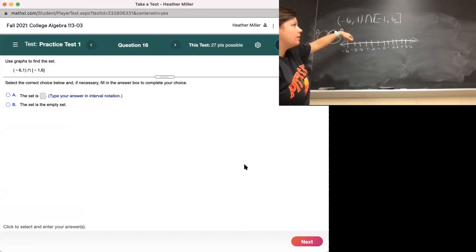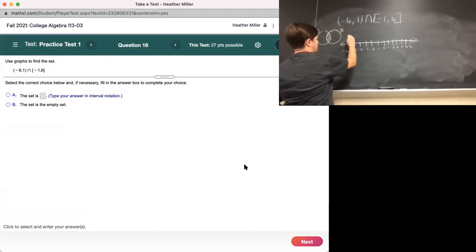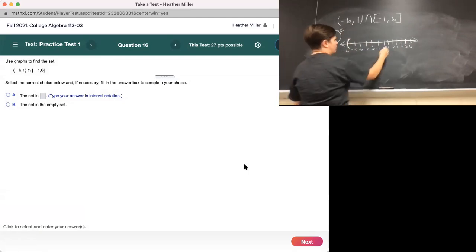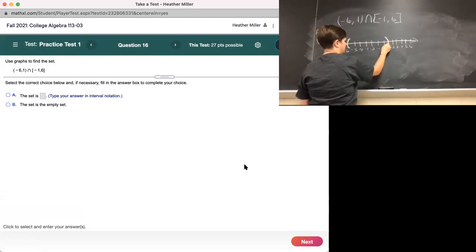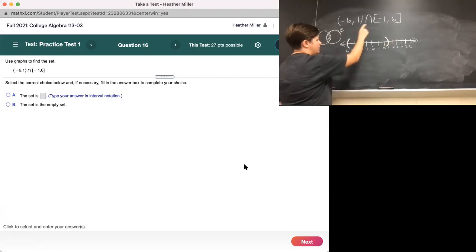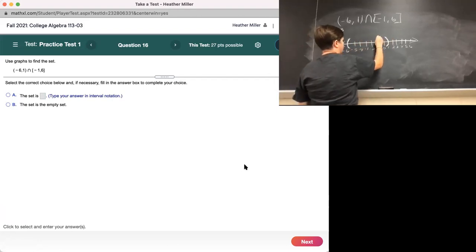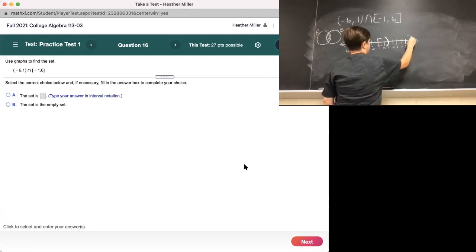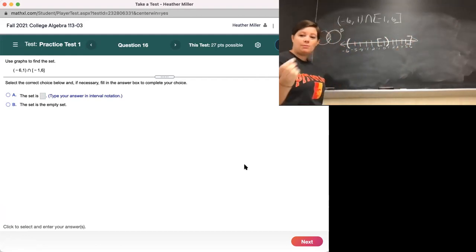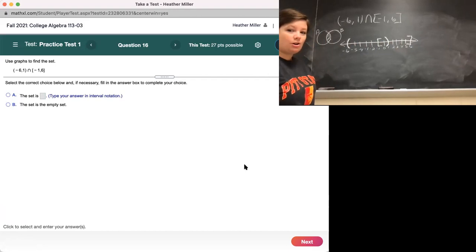So again, just like with the last one with the union, I would graph both of these. So I start at negative 6, and I'd have a parenthesis, and it goes all the way to positive 1. And then it's intersecting with this other one from negative 1 all the way up to positive 6. Now, when you did union, we were combining both of those and using all of the points.